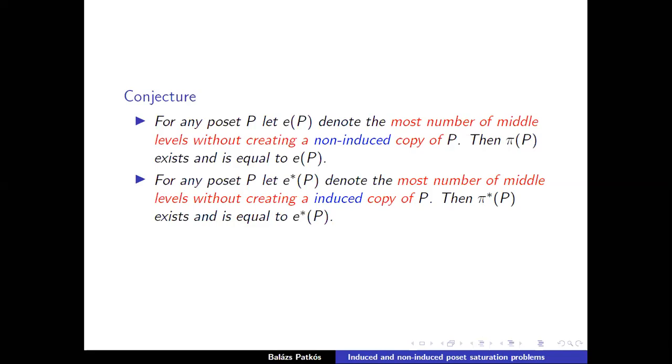And now the general construction is to take as many middle levels as you can without creating a non-induced copy or an induced copy, depending on whether you are in the induced or non-induced case. And whatever you get there is going to be asymptotically optimal. Okay, so this is what the conjecture says.